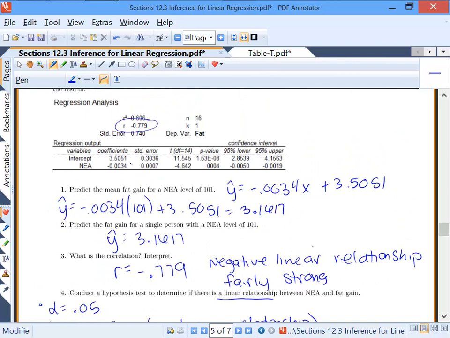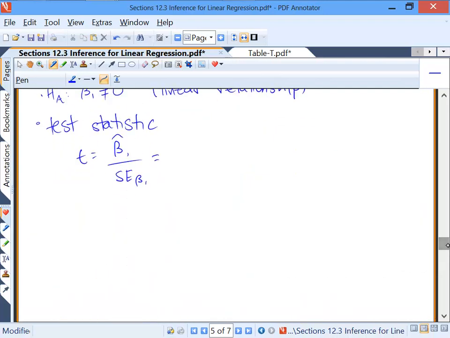Our estimate for our slope is negative 0.0034. And our standard error for that estimate is 0.0007. Which puts me at negative 4.857.